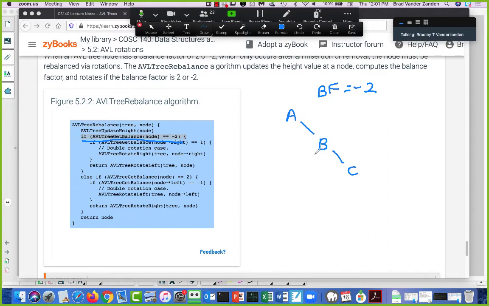Okay, but now let's say that the balance factor down here was either 0 or 1. So that becomes the zig-zag case.